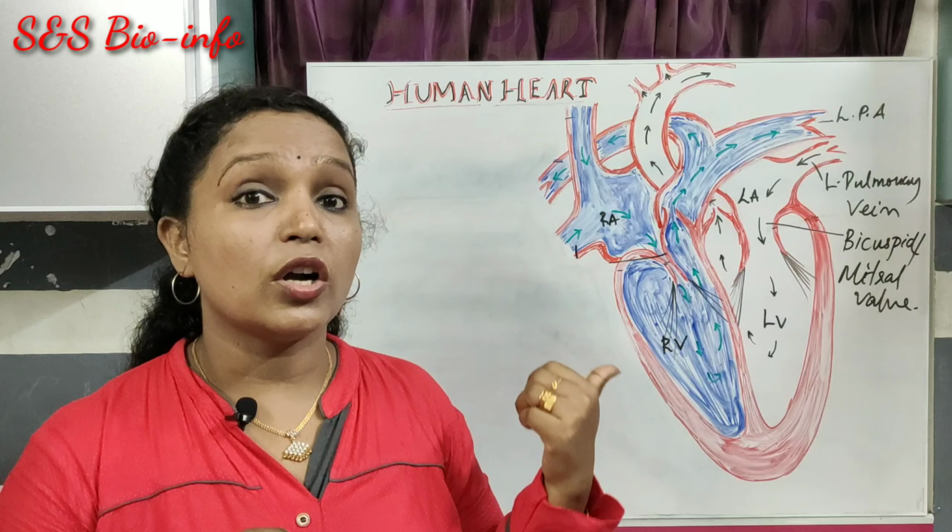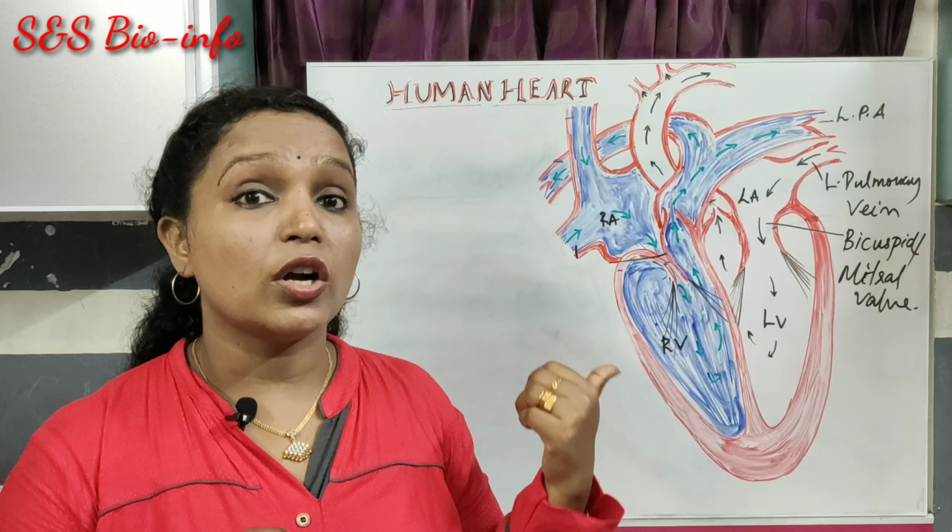The color of the human heart is reddish brown because it is made up of muscles and blood capillaries, along with the pericardial membrane. The shape is, the upper part is broad and the lower part is conical. Look at the diagram here on the board. You can see the cross section of the diagrammatic representation of the heart.